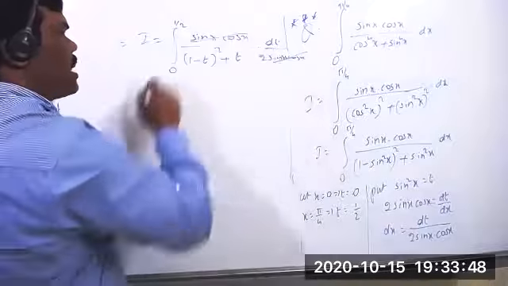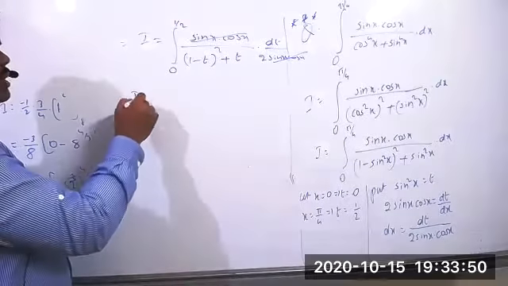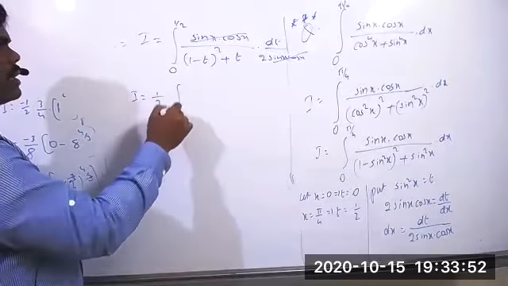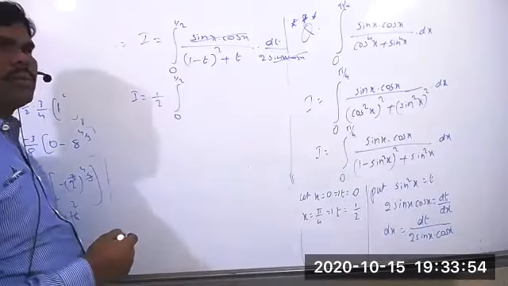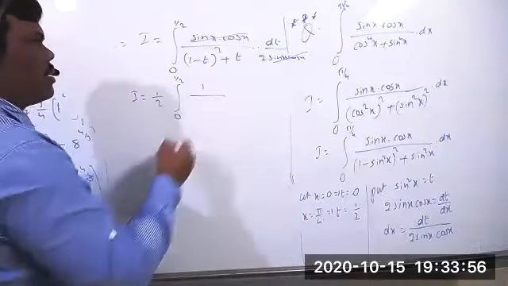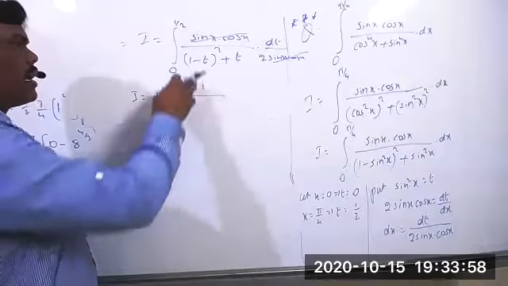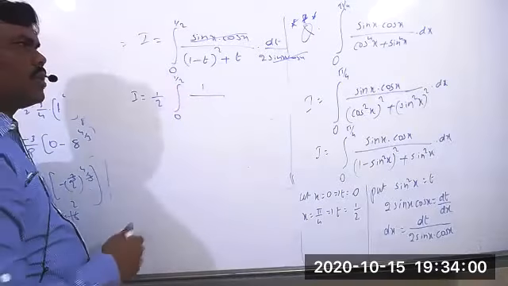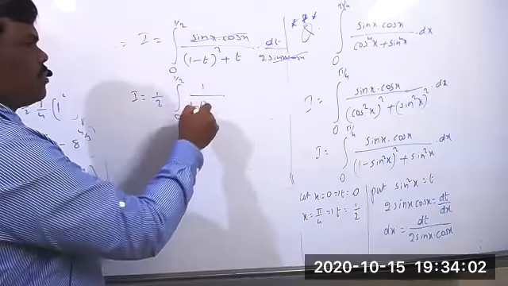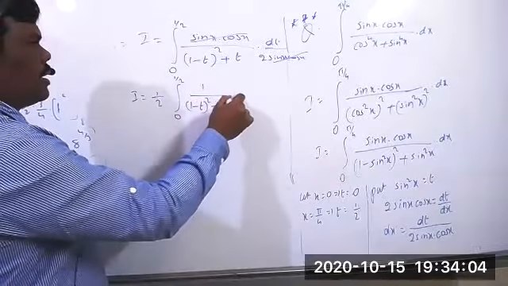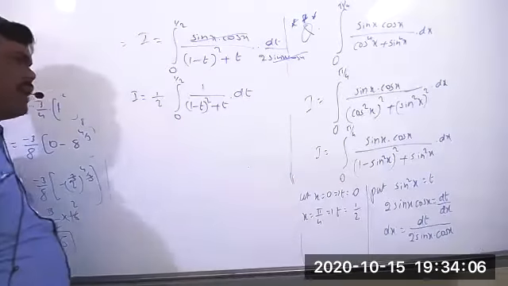Now clearly these will be cancelled. So 1 by 2 you can take outside. 1 by 2 into integration of 1 by (1 minus t whole square plus t) dt.